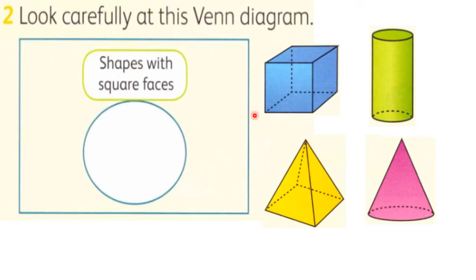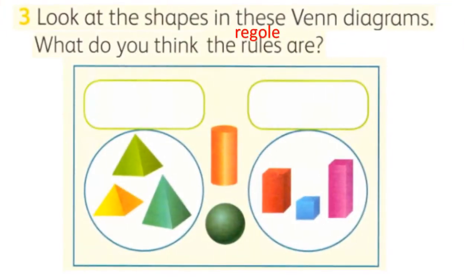Which of these shapes go into the group? Look at the shapes in these Venn diagrams. What do you think the rules are?